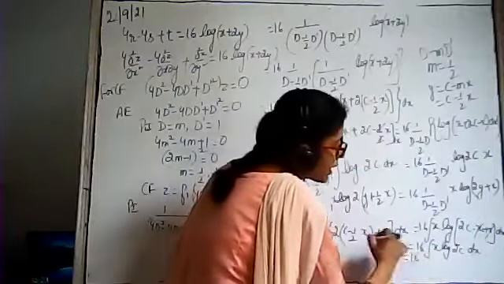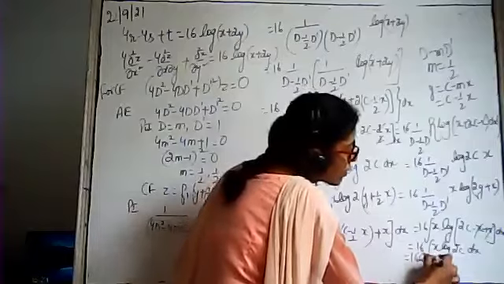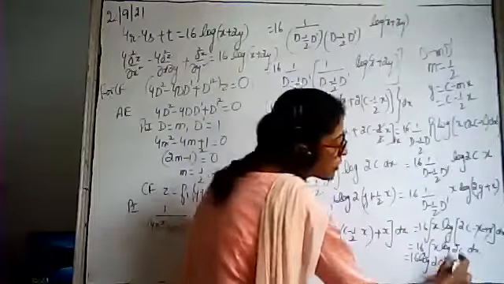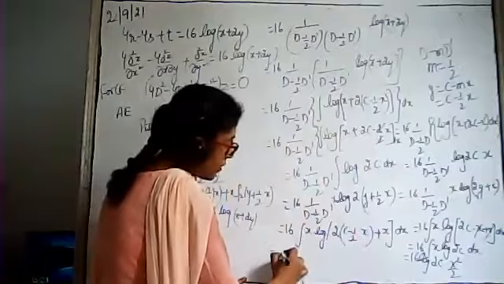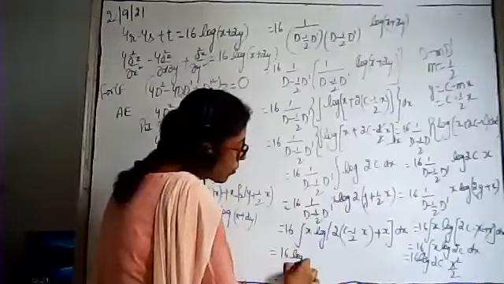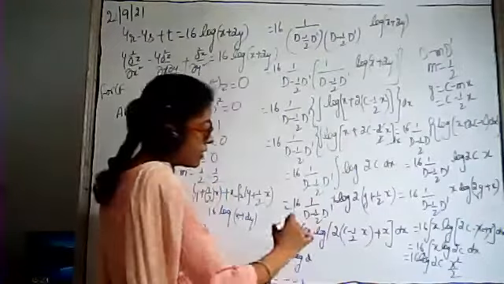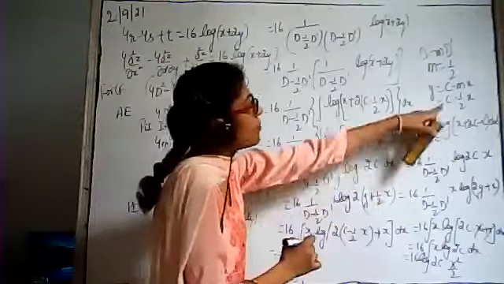So 16 again constant है, log 2c is again constant, and integration of x with respect to x will be x square by 2. It will be 16 log of 2 will remain as it is, और c की वैल्यू वापस पुट करेंगे.